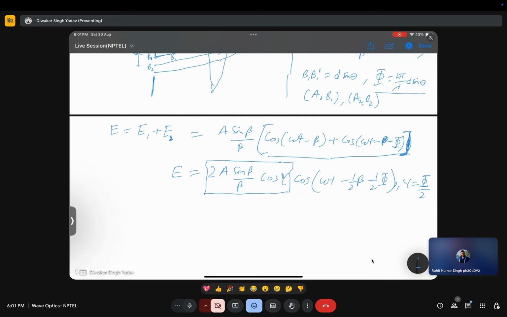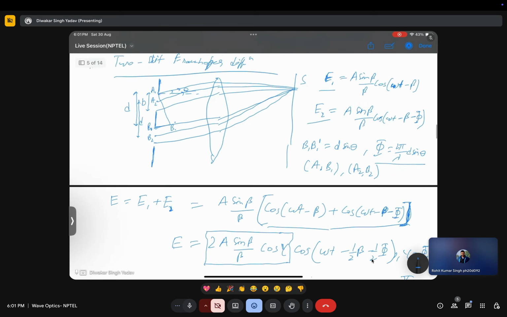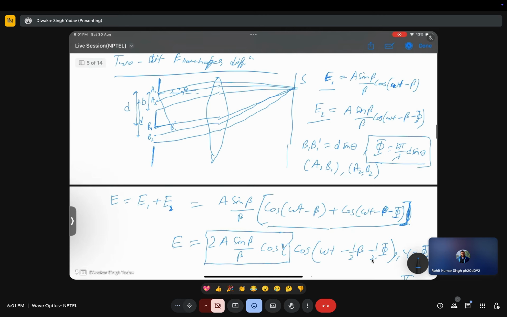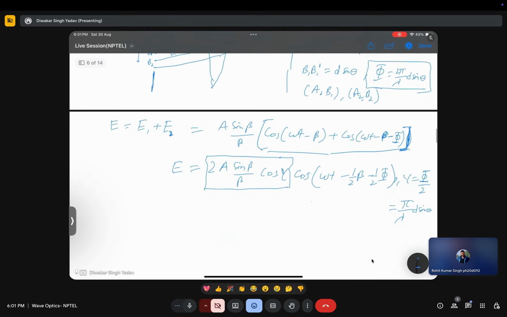And gamma is basically phi by 2, or in terms of d, we can write it as pi by lambda d sine theta, right, from here. Now the resultant intensity will be just the square of this amplitude, which is 4 I naught. So I naught is basically a square.